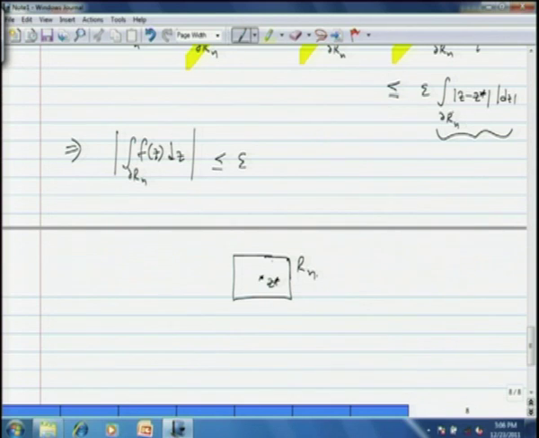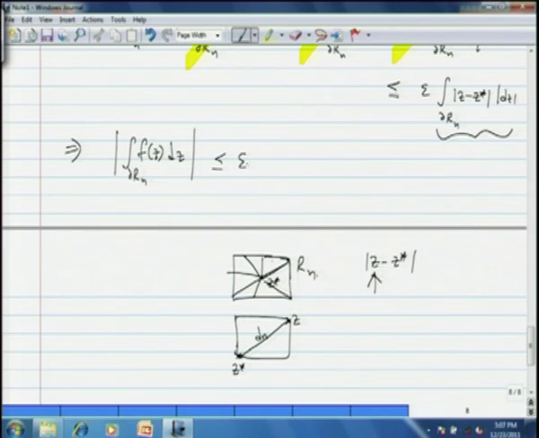The maximum value of the modulus of z minus z star as z varies on the boundary of this R n is essentially the length of the diagonal, because z star, for example, could be a point on this diagonal itself, one of the corners. Then if this is the point z, then z is the diagonal length away from z star. So, that is the maximum distance.